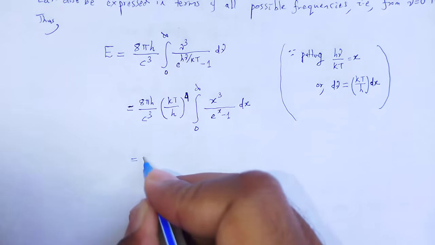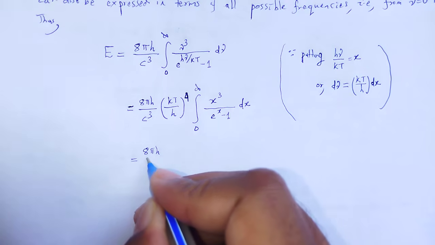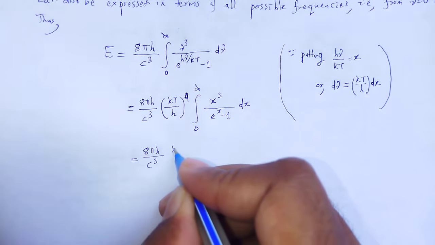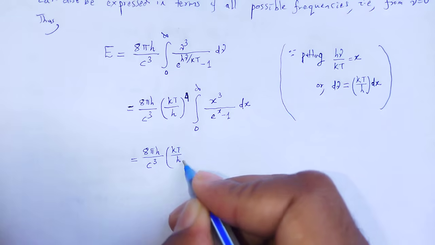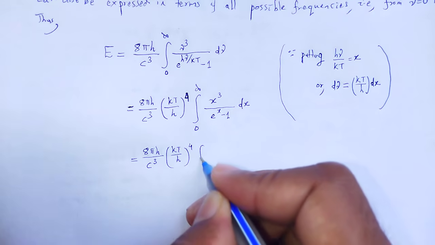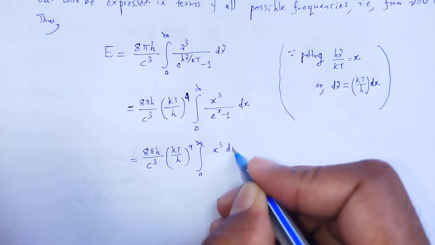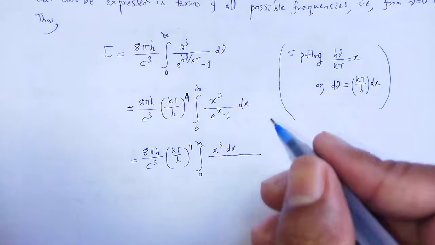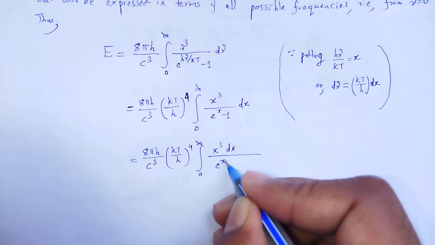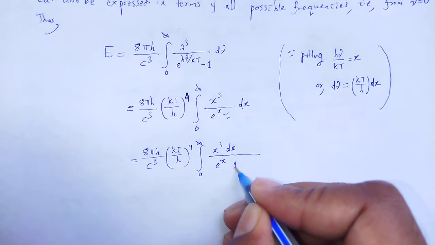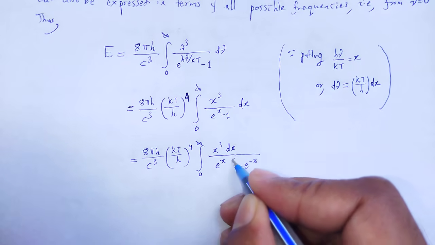Now, 8 pi h divided by c cube, k t by h to the power 4th, 0 to infinity x cube dx. A minor change: e to the power x taking common, 1 minus e to the power minus x.